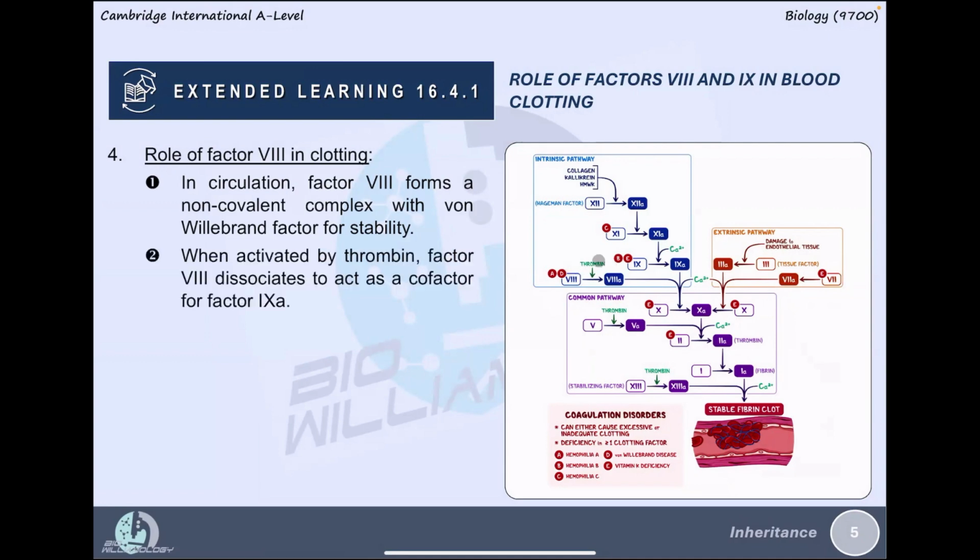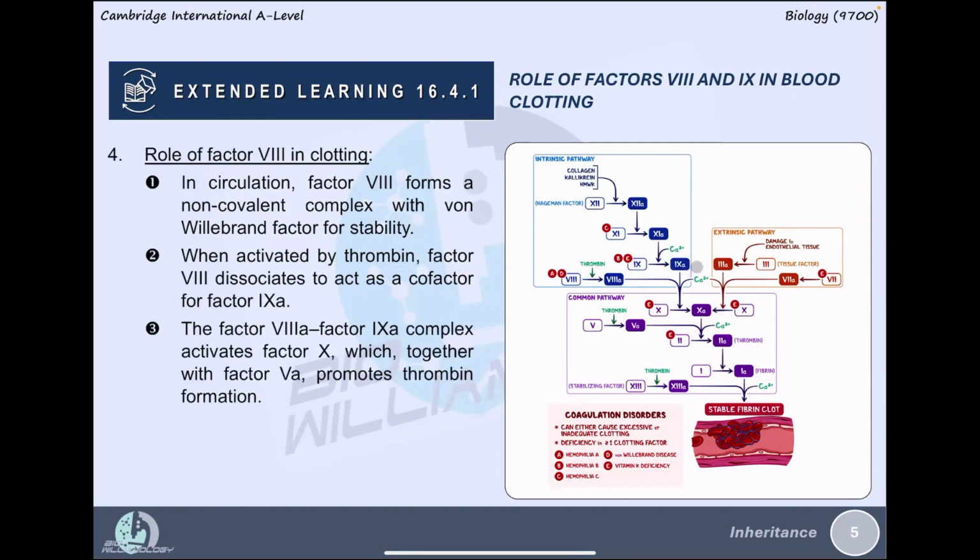When activated by thrombin, factor VIII dissociates to act as a cofactor for activated factor IX. So together with factor IX, factor VIII promotes thrombin formation.